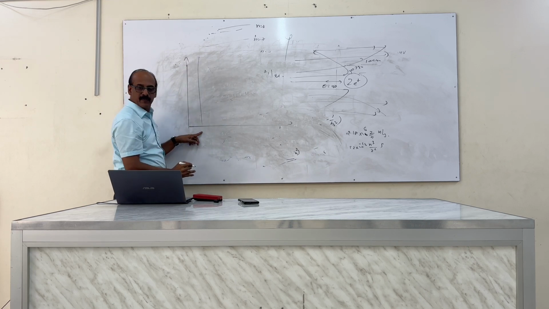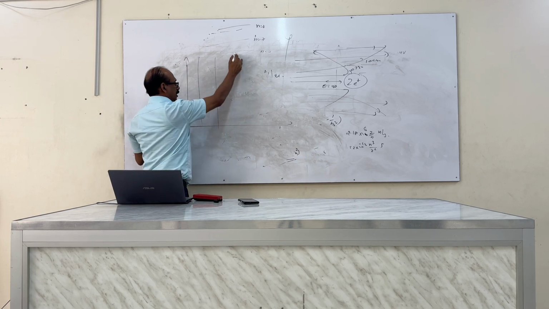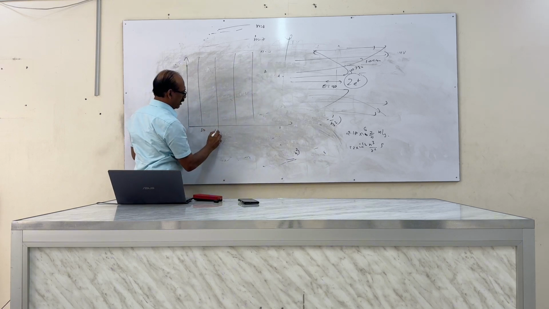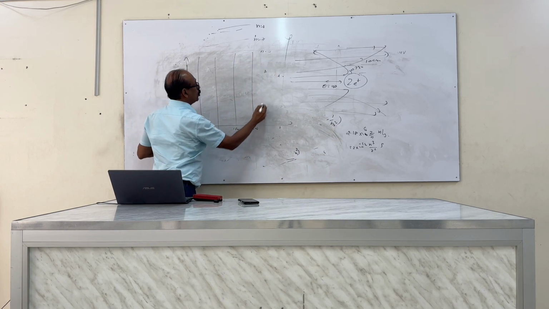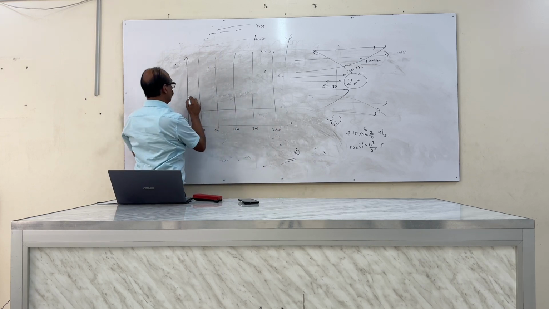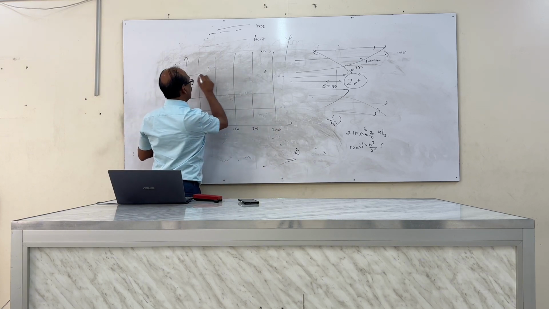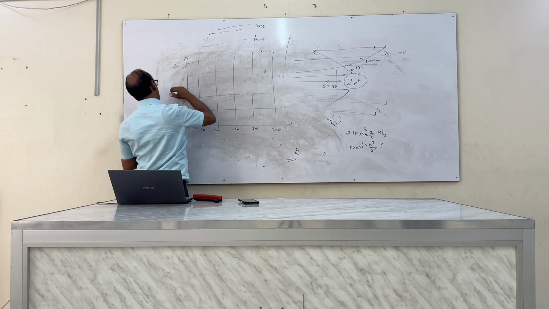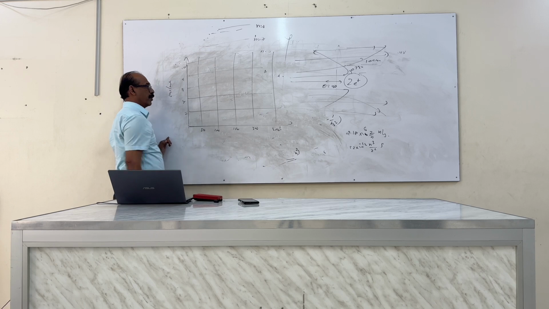Here mark 50, 100, 150, 200, 250. Here 2, 4, 6, 8, 10, mega electron volt per nucleon, you have to mark here.